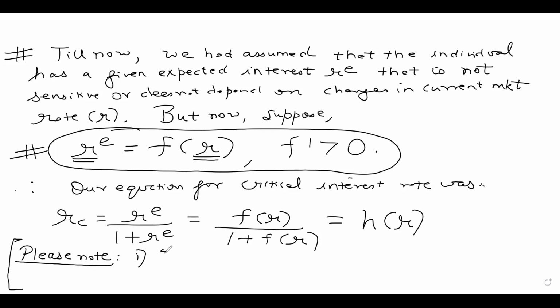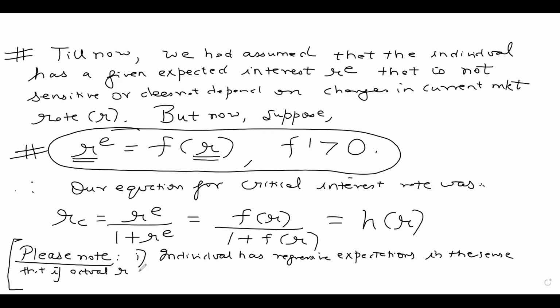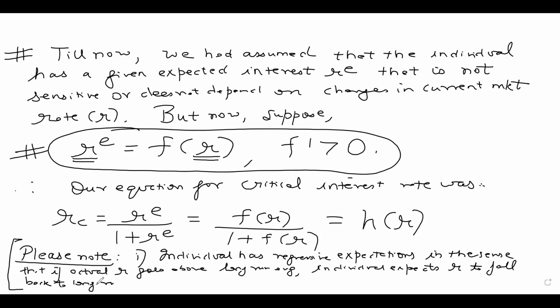One point is: the individual has regressive expectations, in the sense that if the actual R goes above the long run average, the individual expects R to fall back to the long run average in the future. This is the individual having regressive expectation.